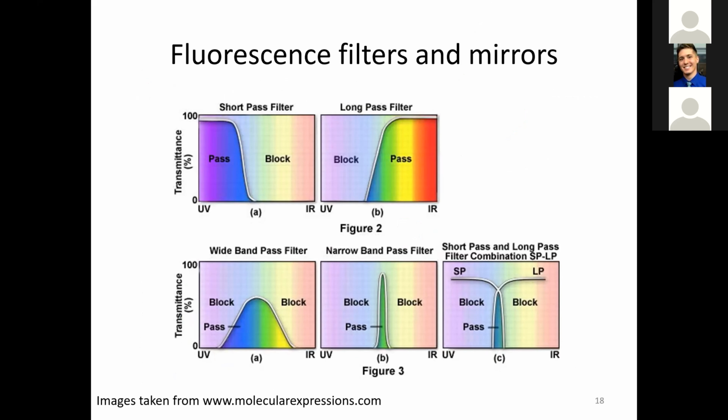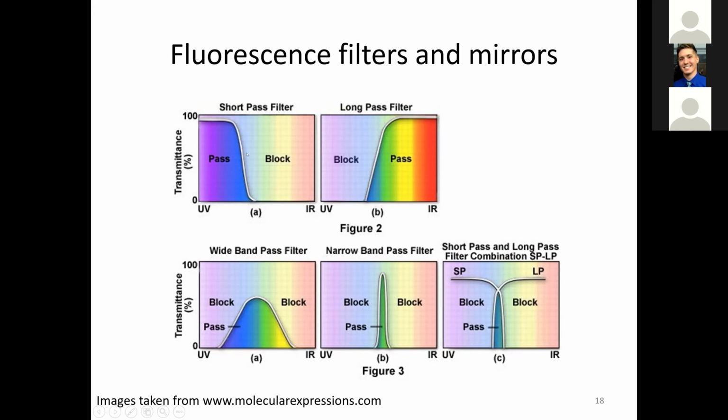Traditionally, we have short pass filters, which allow through wavelengths below a certain threshold and block wavelengths above it. The inverse is true for long pass filters, which block wavelengths shorter than the cutoff and pass longer wavelengths.